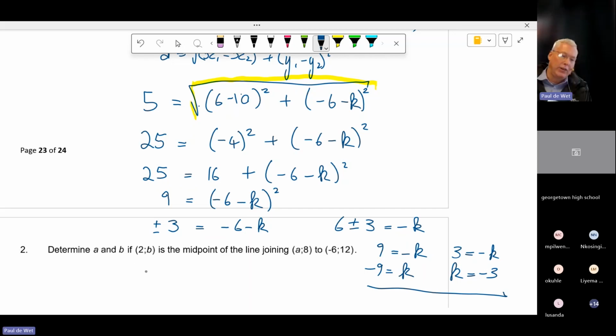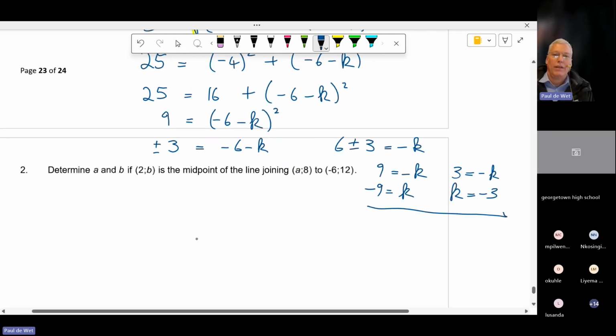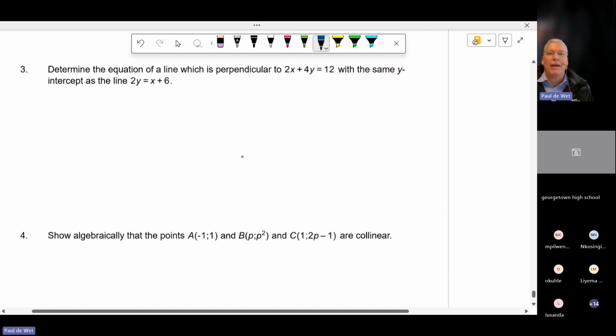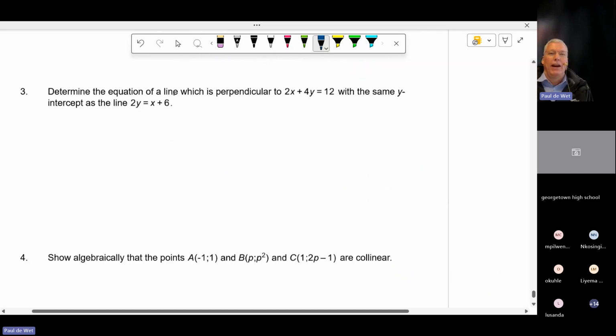All right, I want us to look at question 3, because it's maybe a little bit tricky. What do we know about perpendicular lines?